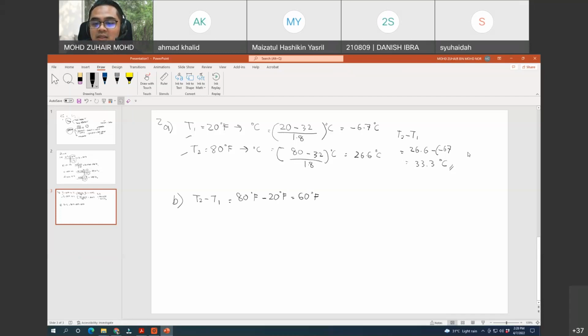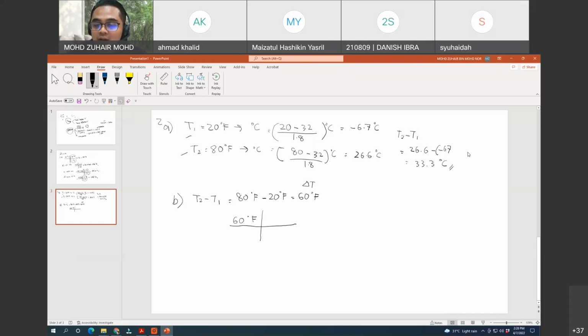And then this 60 degrees Fahrenheit, we want to change. This is a temperature difference. This is not a temperature degree.